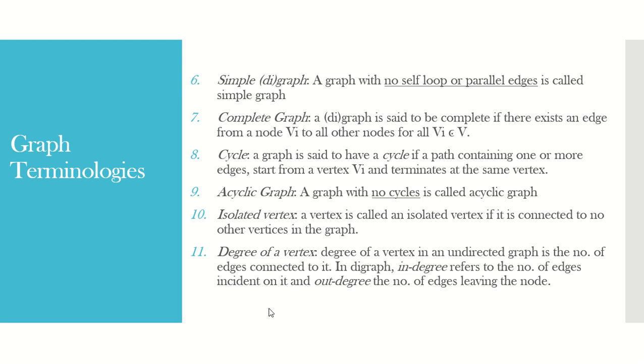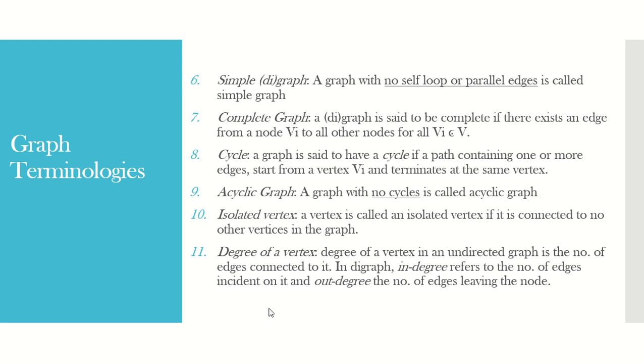Next, you talk about a complete graph. A graph is said to be complete if there exists an edge from a given node Vi to all the other nodes of the graph.